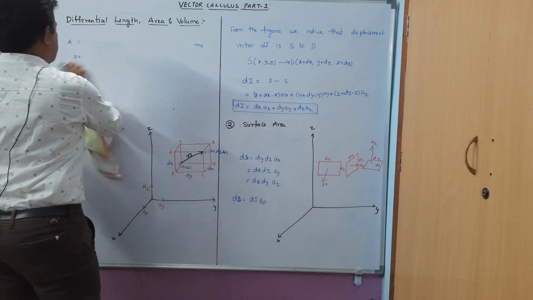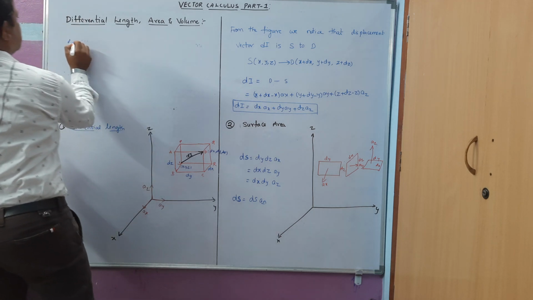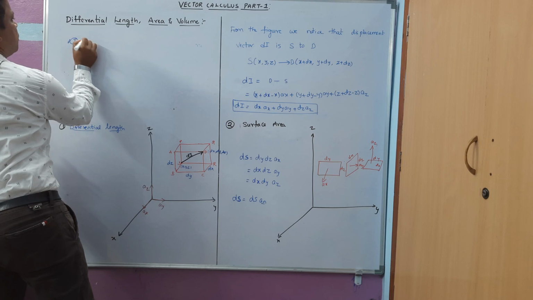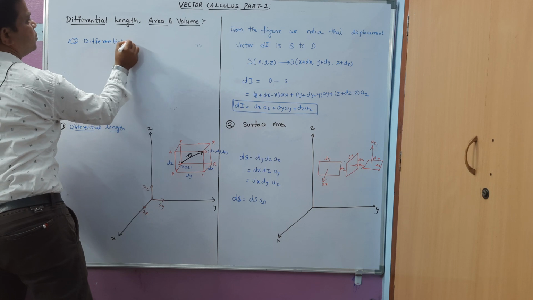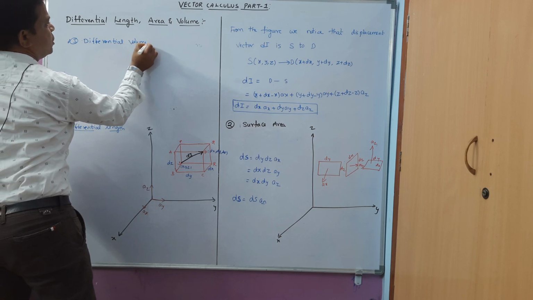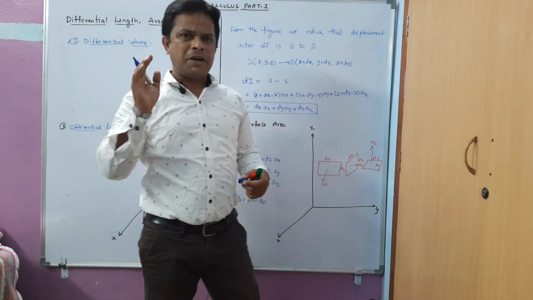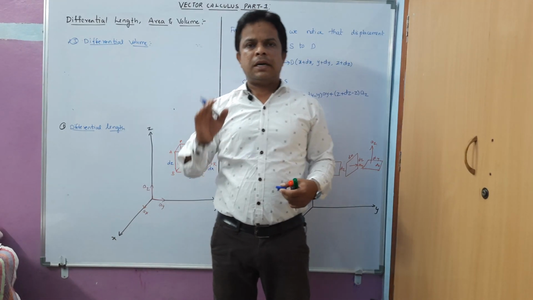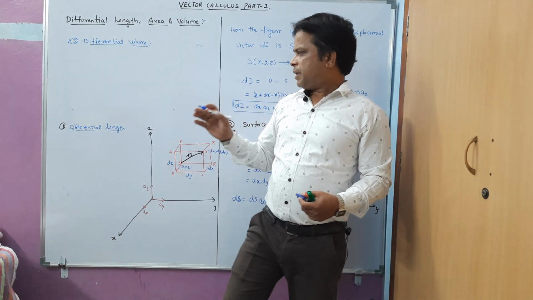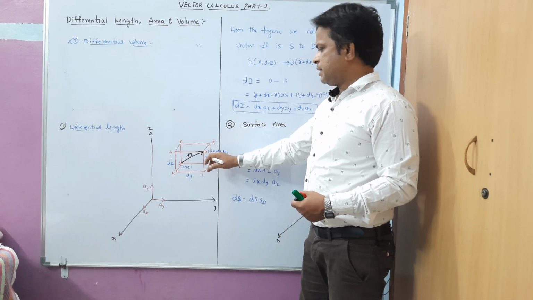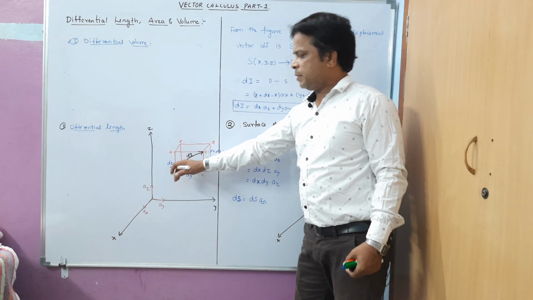Now we'll take the differential volume. You know that volume will always be a scalar quantity, so we just have to take the product of the x direction, y direction and z direction coordinates. The x direction displacement is dx, the y direction displacement is dy, and the z direction displacement is dz.